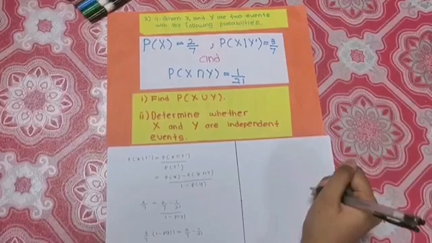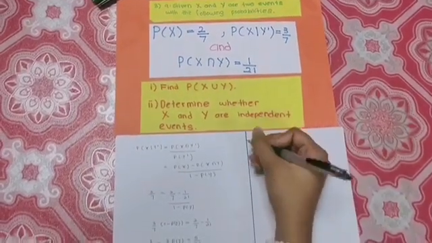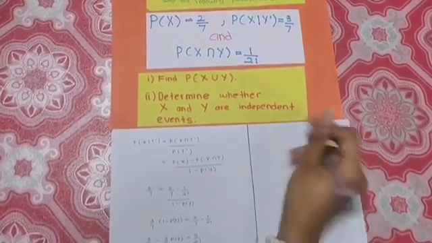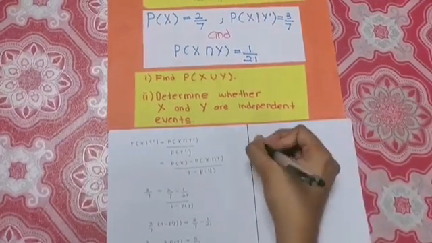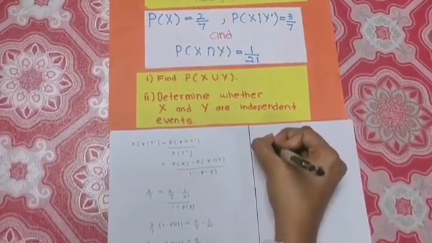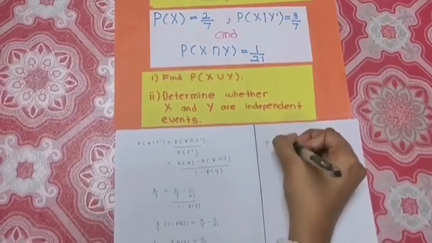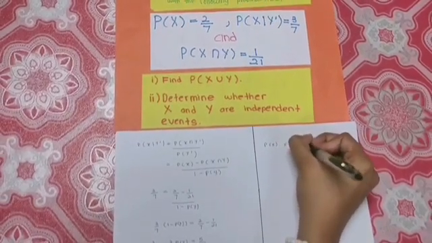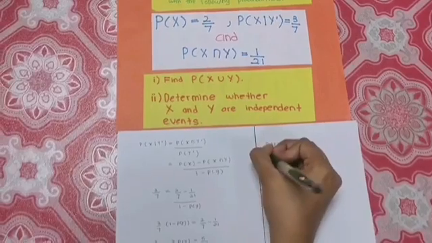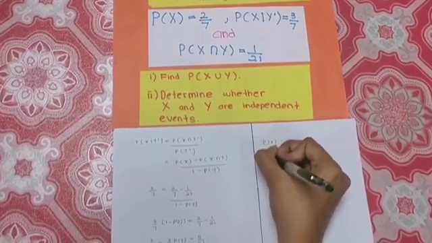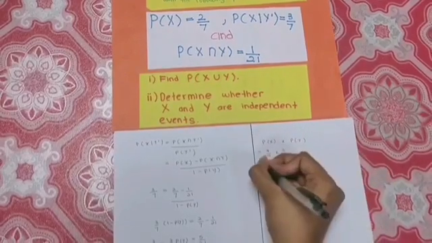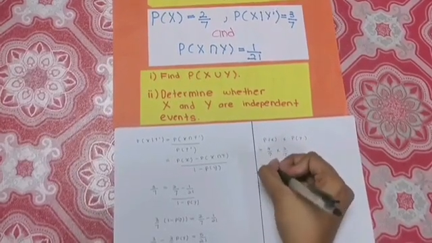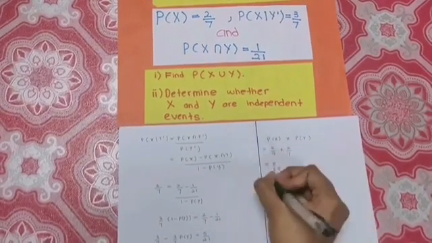Now let's move on to the second part of the question. To find whether x and y are independent events, we need to multiply the probability of x times probability of y, which is 4 over 9 times 2 over 7. After we multiply, we will get 8 over 63.